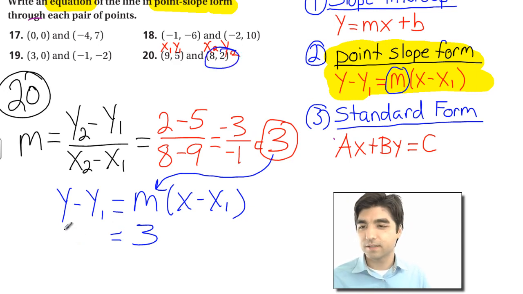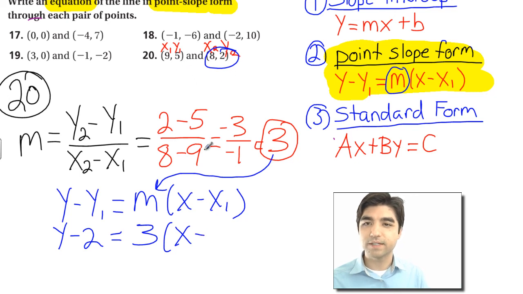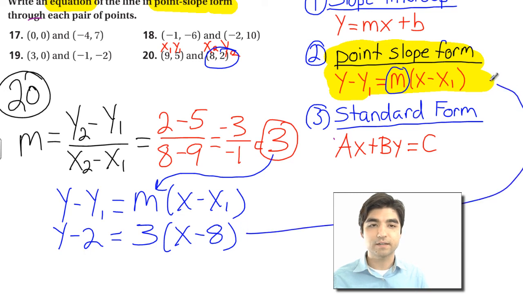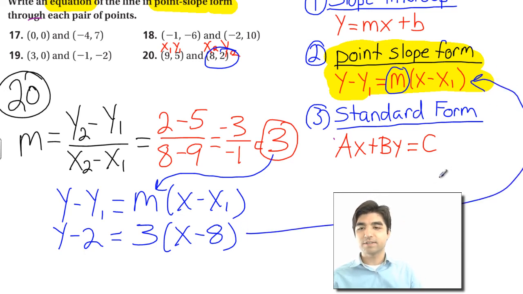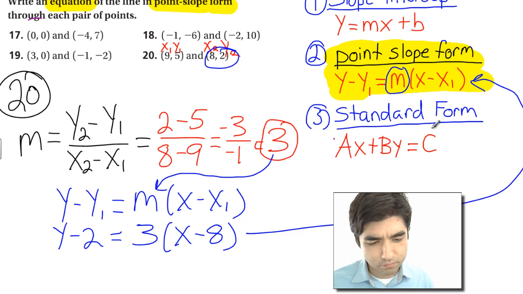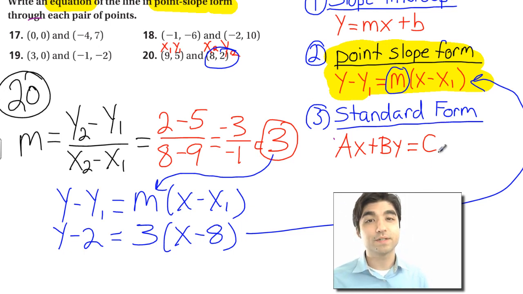So y minus our y value, which is 2, and x minus our x value, which is 8. That is point slope form, so you can leave it just like that, because that looks like this form right here. So that's the answer for number 20. Now let's go on to 21 and 22.